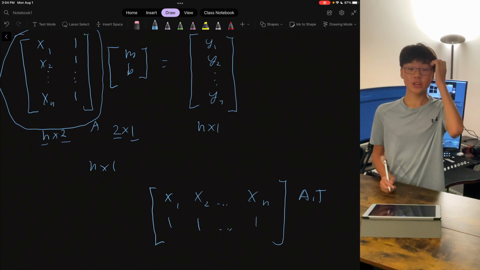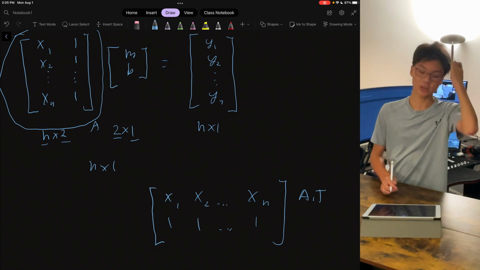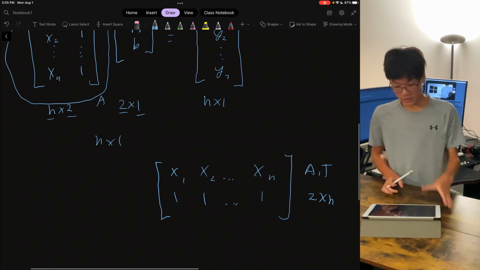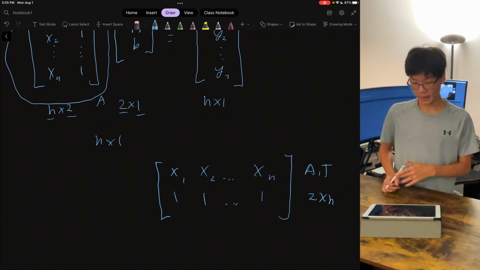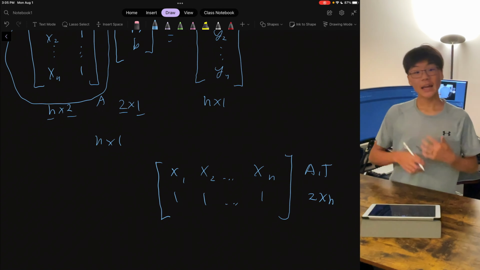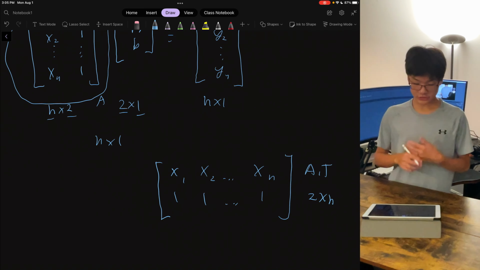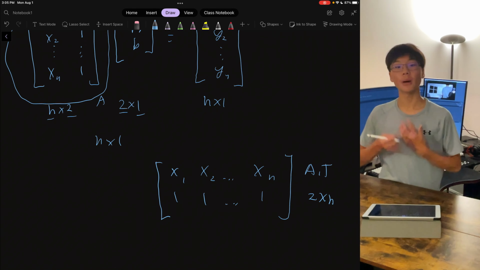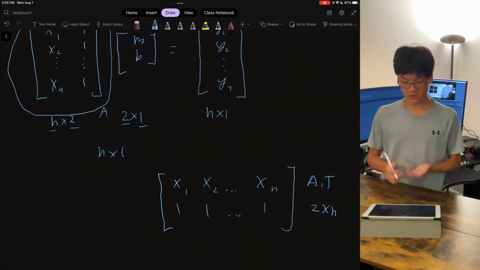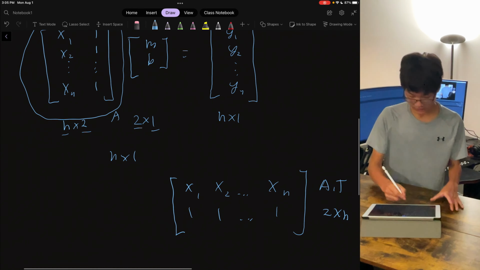Now the size of the transpose of our design matrix is going to be 2 by n. Now, the transpose multiplied by the design matrix is going to give us a size of 2 by 2, and this is going to be matrix multiplied by a matrix of size 2 by 1, giving us a matrix of 2 by 1 on the left-hand side. But this is if we matrix multiply the transpose to the left-hand side on both sides, like so.